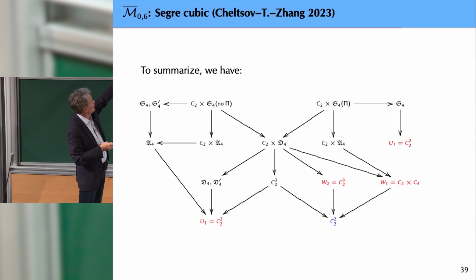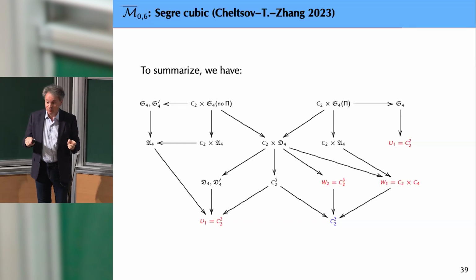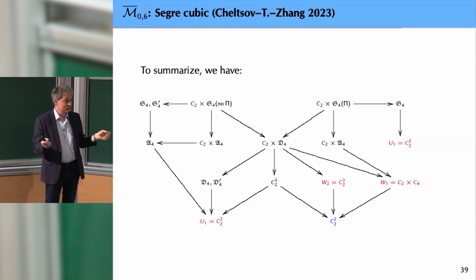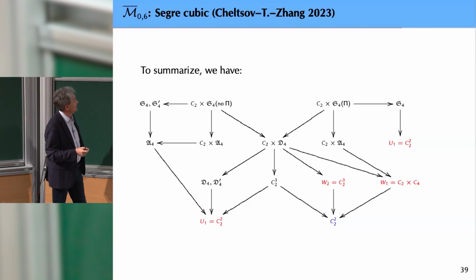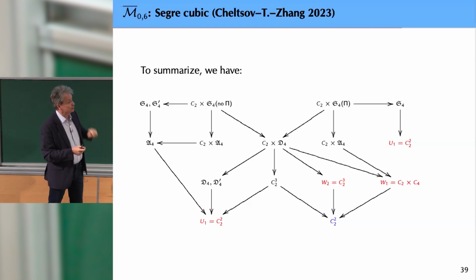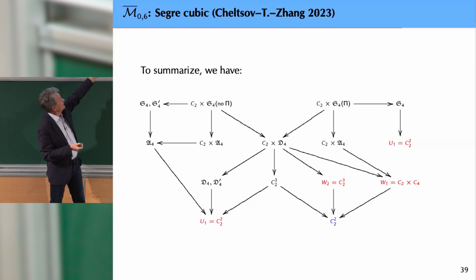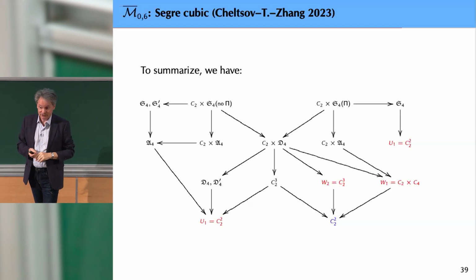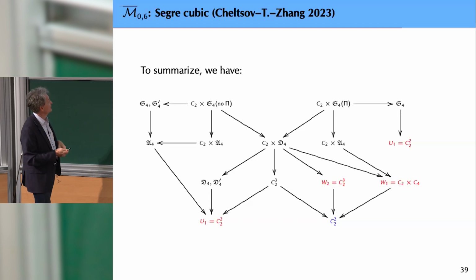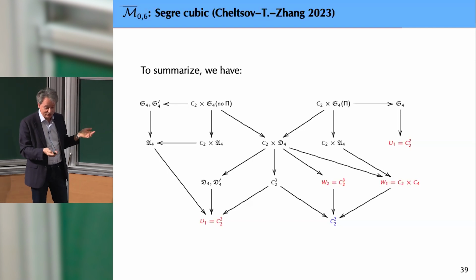Now the W1 and W2 have trivial cohomology on H1, but fail the stable permutation condition that I mentioned. That's kind of interesting that you already find it here. And so therefore everything that sits above those groups is obstructed. And there's one non-obstructed group in this case, and that's C2 squared, and we produce a linearization of the action in this case explicitly. All right, so this is a framework for how you analyze these questions.